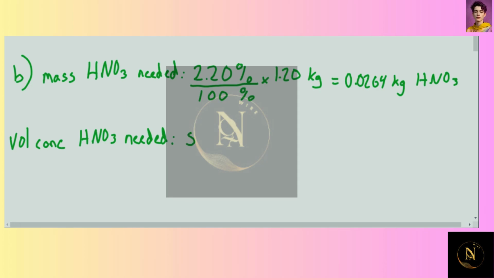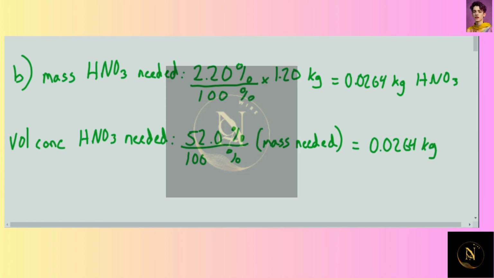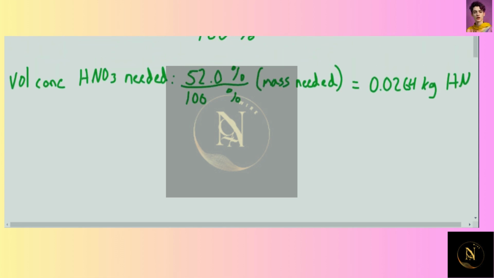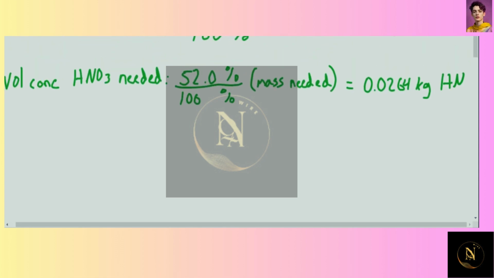So our concentrated solution is 52%, again, over 100%. So if we multiply this times the mass that's needed, we get to our amount of nitric acid, which is 0.0264 kilograms.